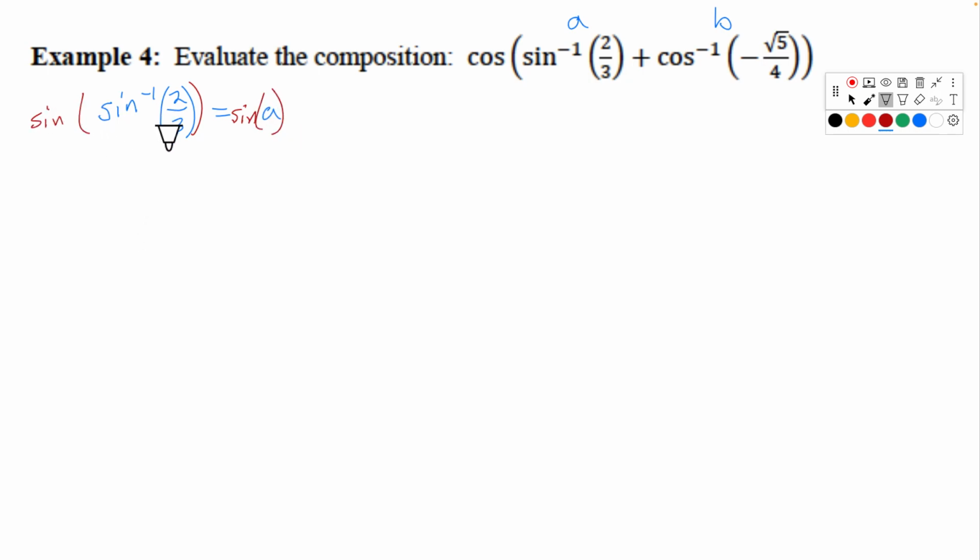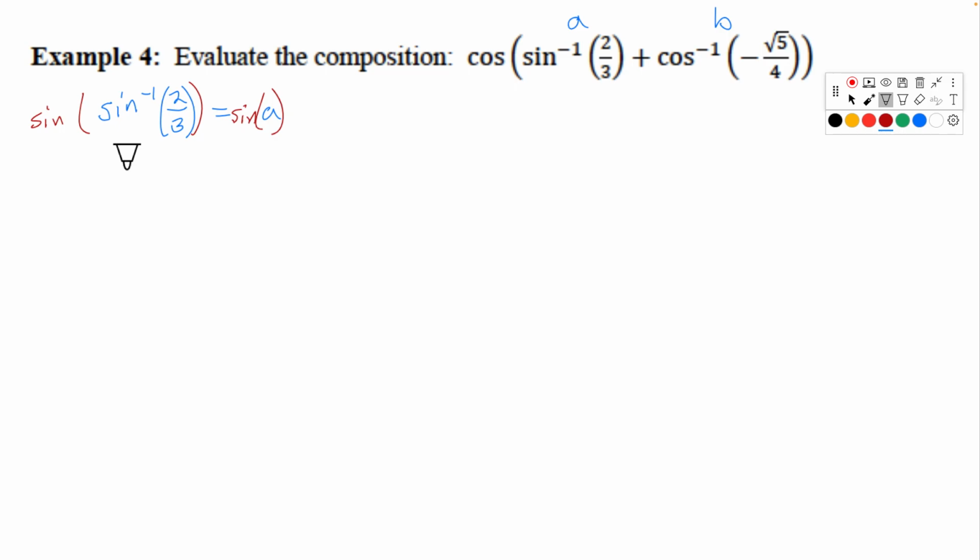What's the sine of the inverse of sine? What does an inverse function and its original function do to each other? Dig the hole, fill the hole. End result, back to where you started.